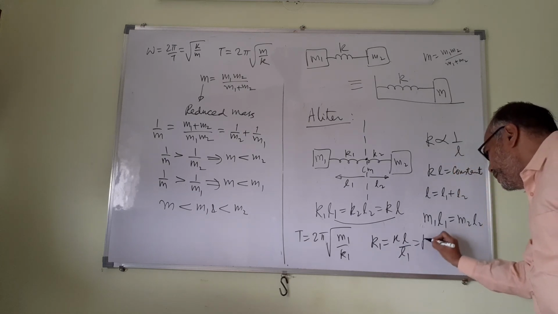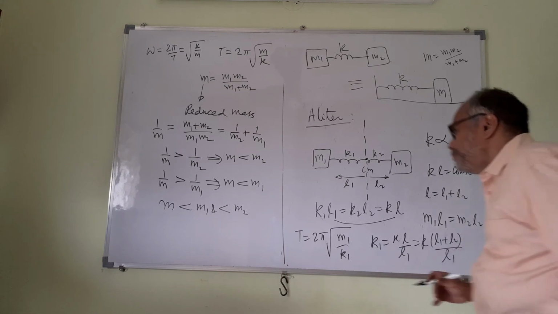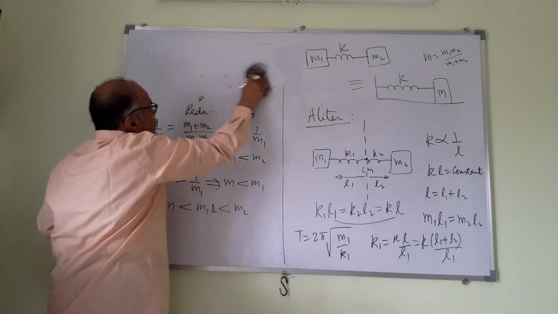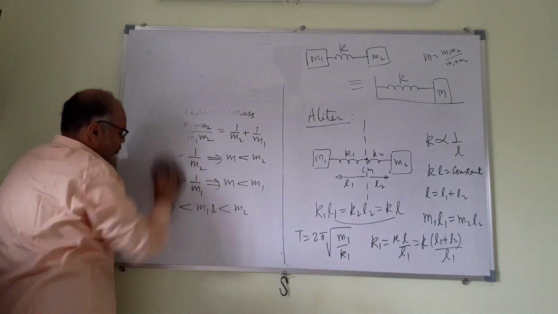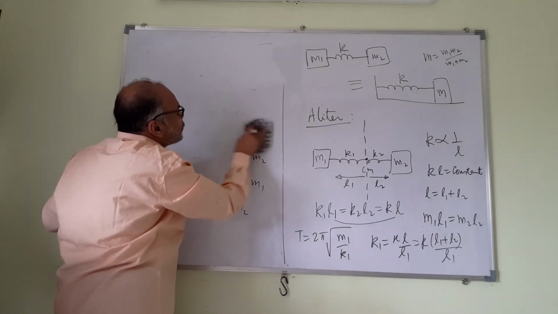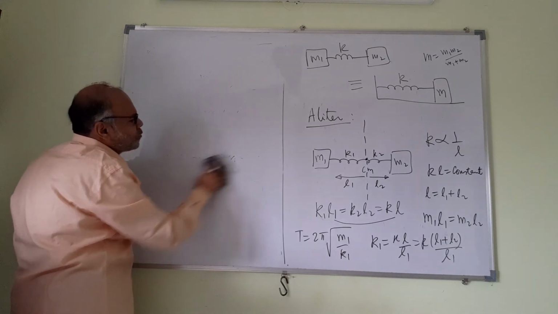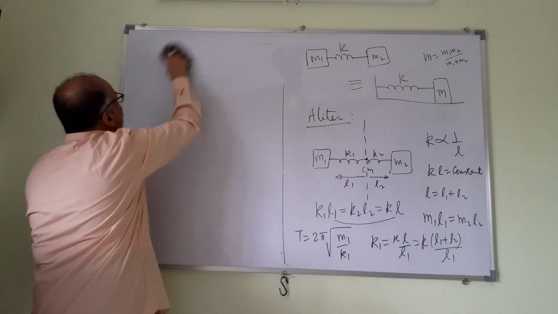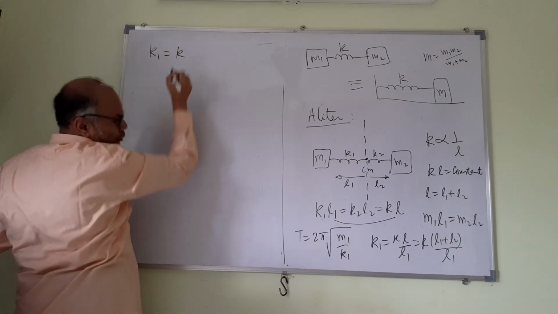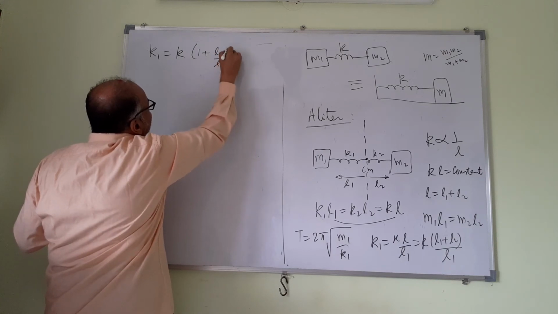So that will be K into L1 plus L2 by L1. So what will that reduce to? We will have K1 equals K into 1 plus L2 by L1.